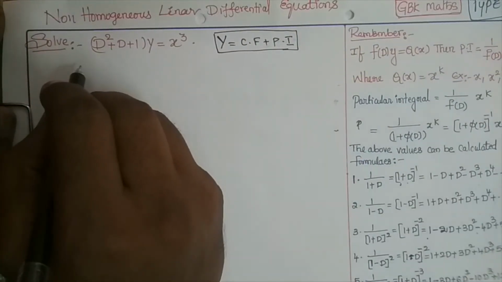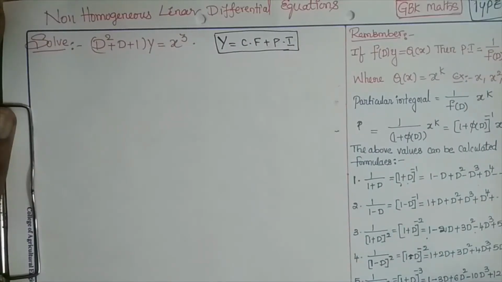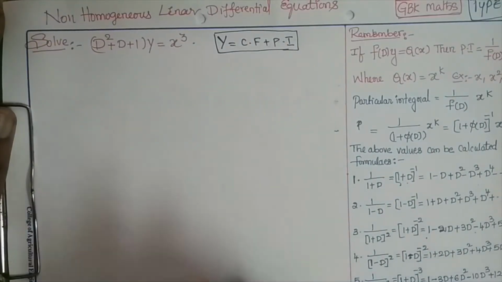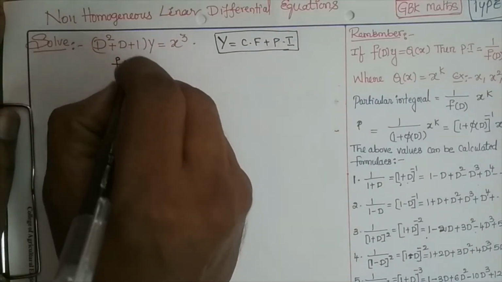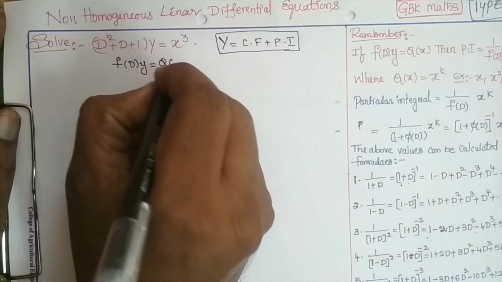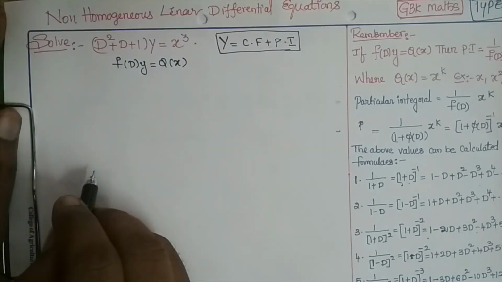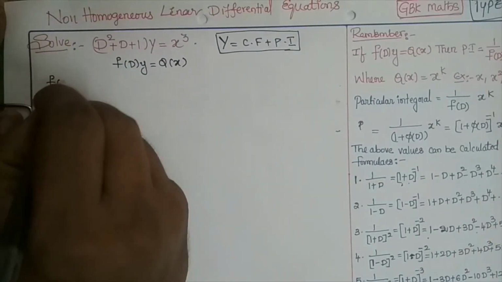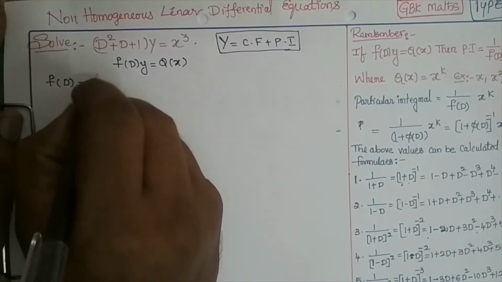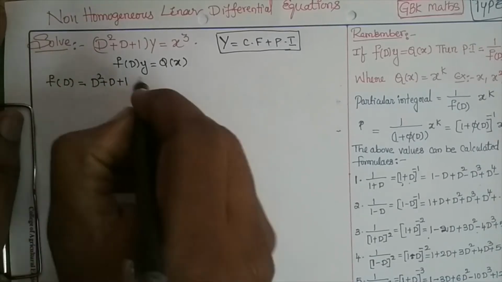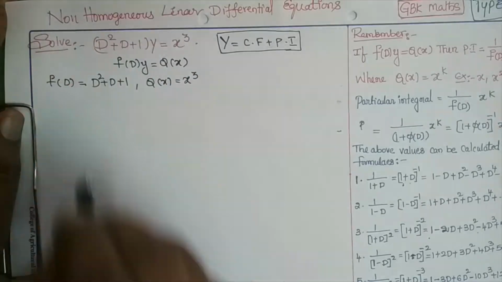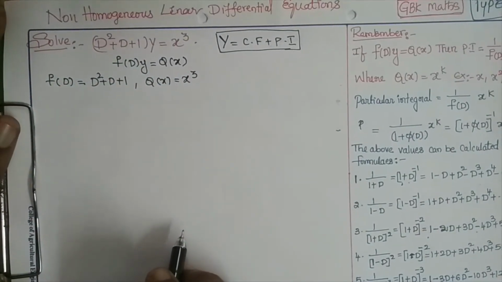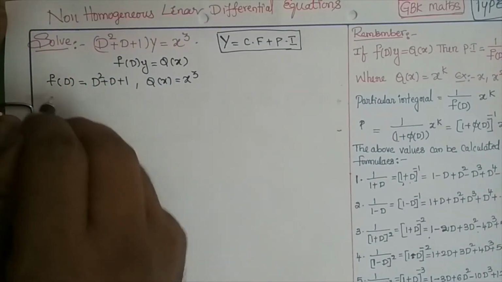To get the complementary function, we need the auxiliary equation. First of all, it is in the form of f of D into y is equal to Q of x. This is the common step for every problem. Here f of D is equal to D square plus D plus 1 and Q of x is equal to x cube.